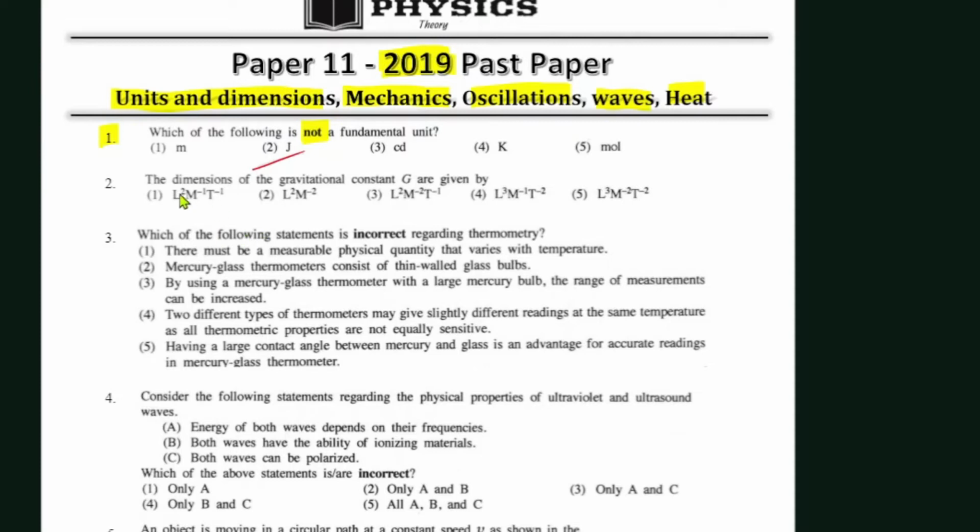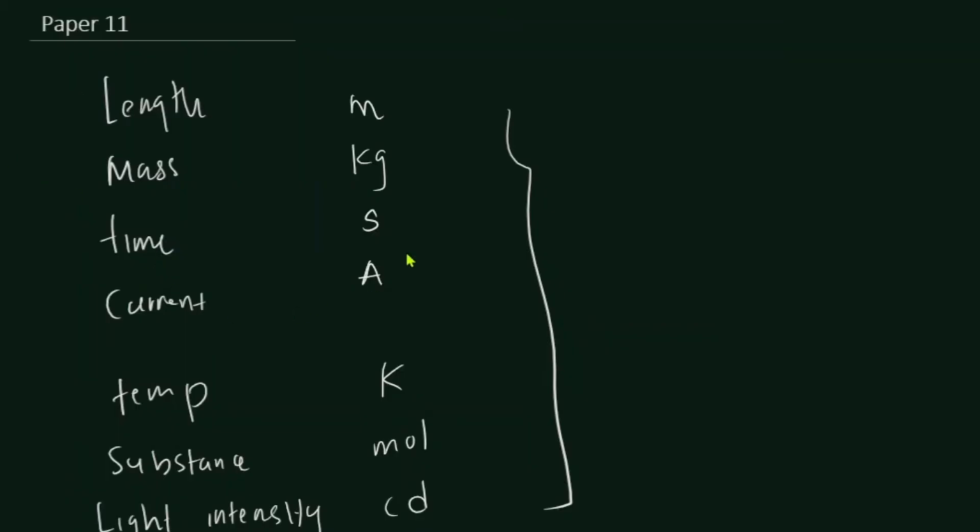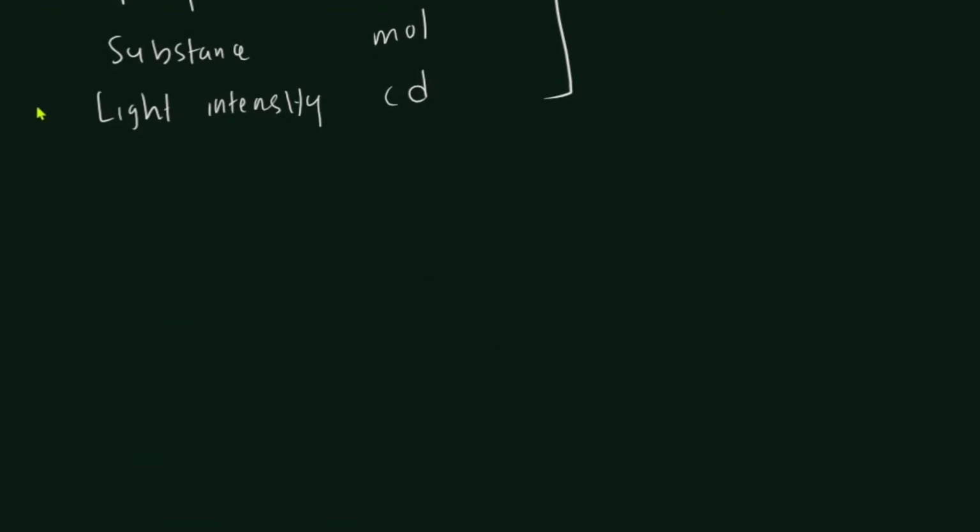All right. So next, let us see the second problem. In the second problem, they're asking the dimensions of the gravitational constant G. To solve this, we need to know the equation for the gravitational force, that is F equals G m1 m2 over r squared.